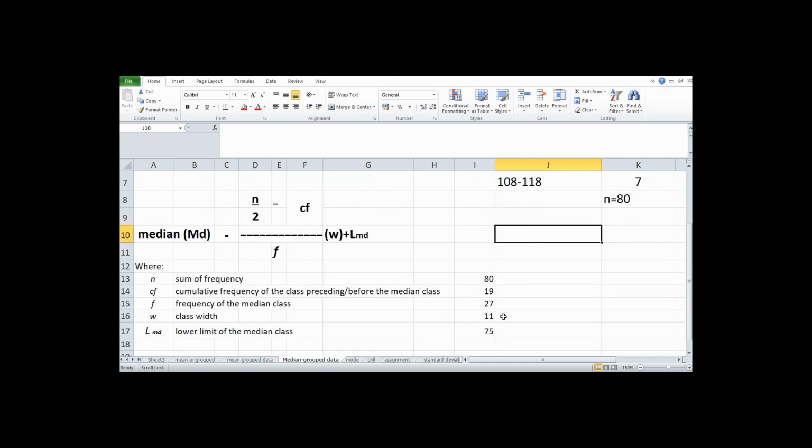Now, we can substitute the values in this formula. N, which is 80, divided by 2 is 40. Minus CF is 19.